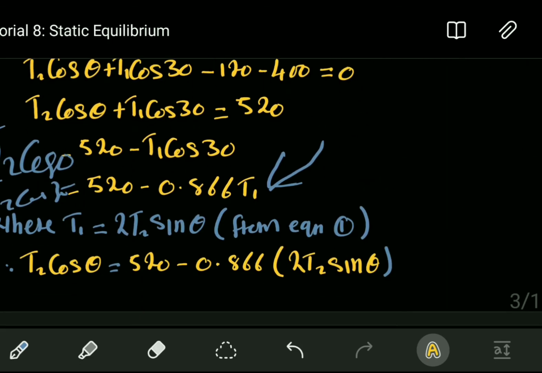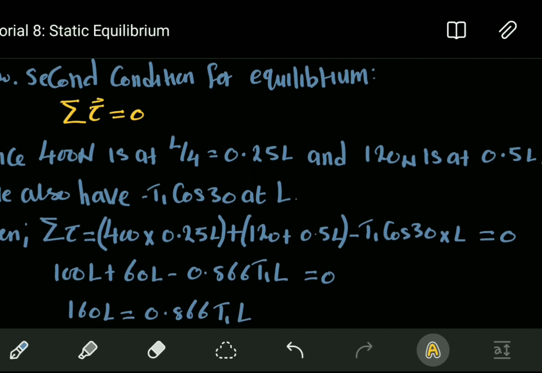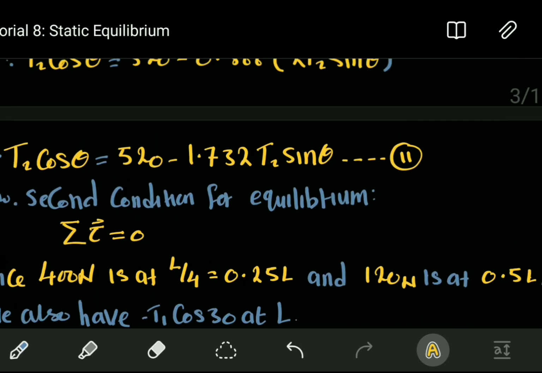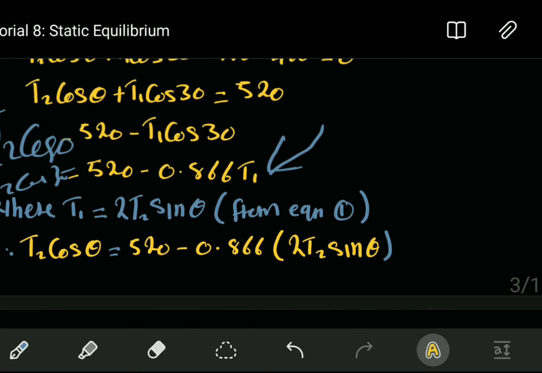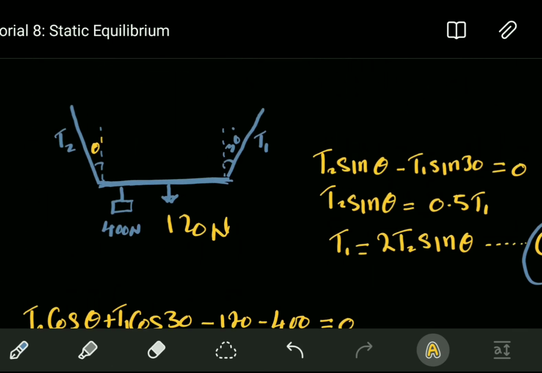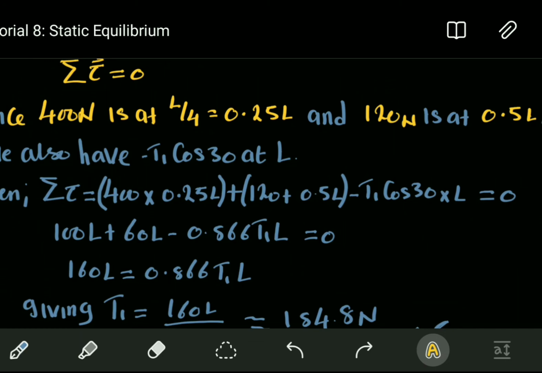All right, so if we are considering the torques, the 400 newtons is at a length of L over 4, which is the same as 0.25 L, and the 120 newtons, the weight of the board, is at L over 2, which is 0.5 L. Also we have another force, T1 cos 30, which is applied at a length of L, in the negative direction.